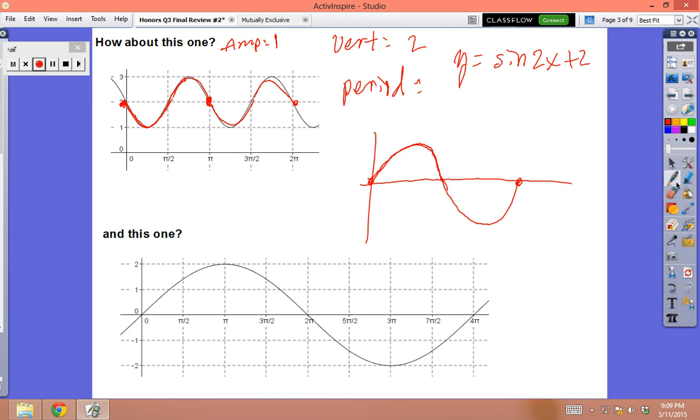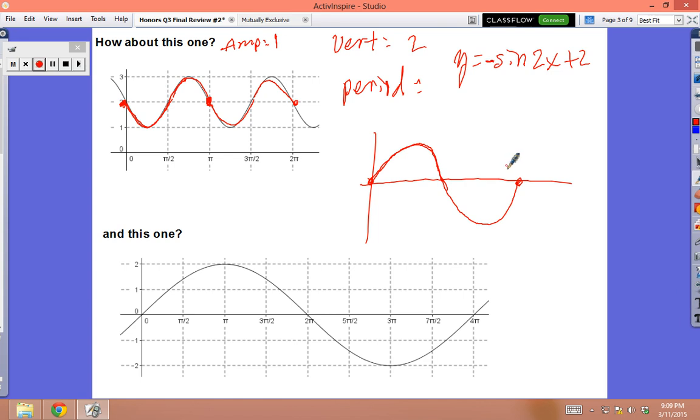So that can show up in one of 2 ways, either a negative out here or a negative right here. But there has to be a negative, because the negative flips it. And this has been flipped because it starts and goes down. So this one looks like it's upright because it starts and it goes up.